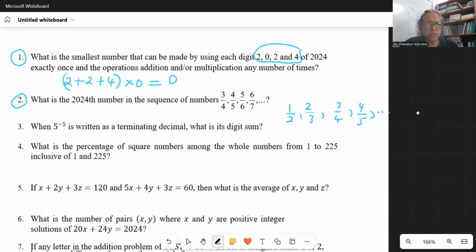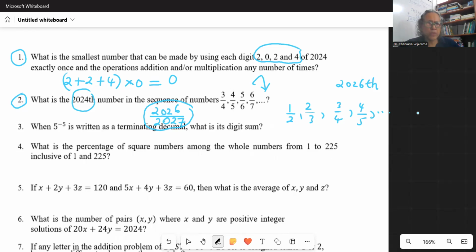So that means the 2024th number is actually the 2026th term in this new sequence I constructed. So I need to get the 2026th term, and that would have numerator 2026, and the denominator is actually one more than the numerator, which is 2027. So this is the 2024th term in this sequence.